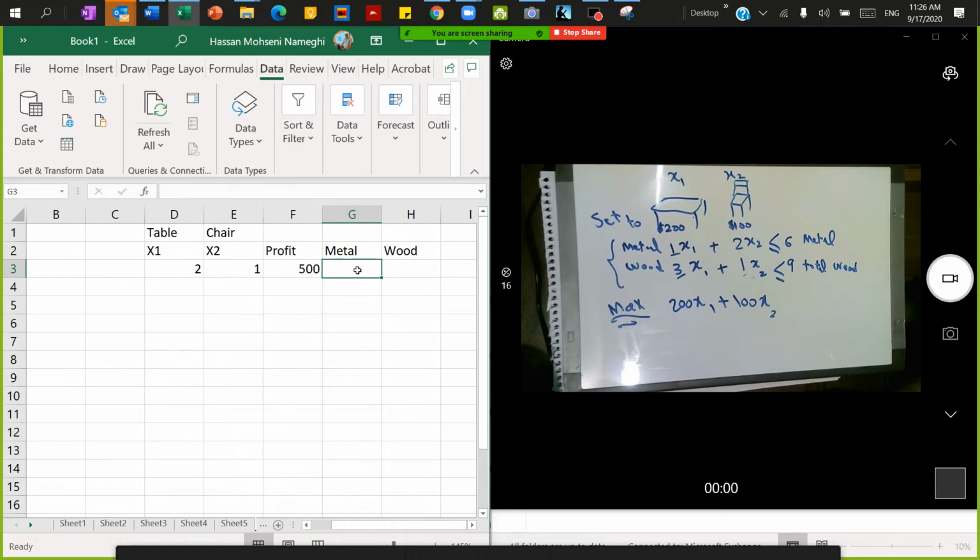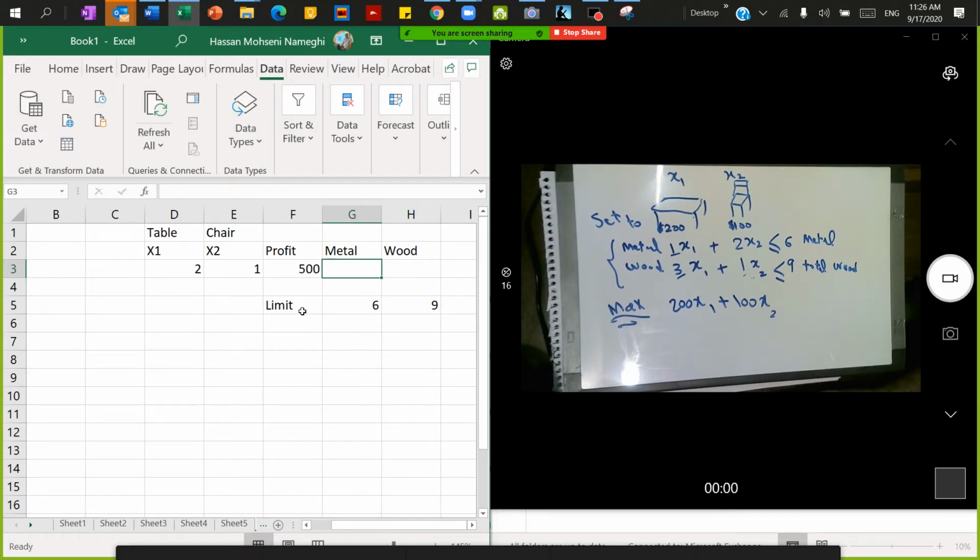On the limitation of the metal, I can just put 6 here. That's my limit for metal, and the limit for wood is 9.